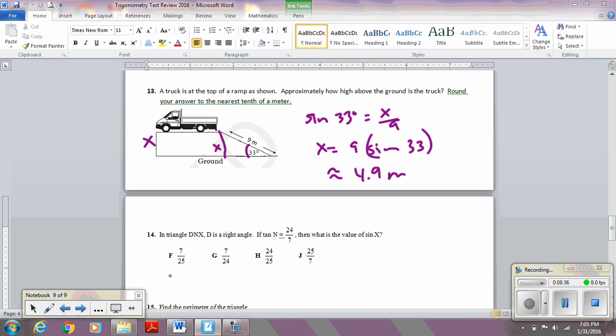14. In triangle DNX, D is the right angle. So let's draw this triangle, where D is the right angle. Tangent of N is 24 over 7.